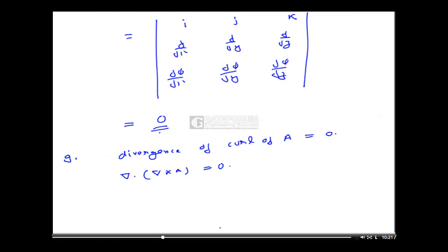Okay, the tenth: curl of curl of A is equal to gradient of divergence A minus del square A. It's an important one. This is generally used while solving the Laplace equation also. Okay. Now we will see a few problems based on these identities.